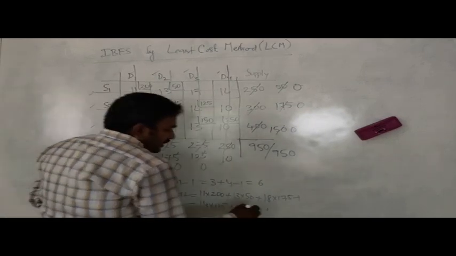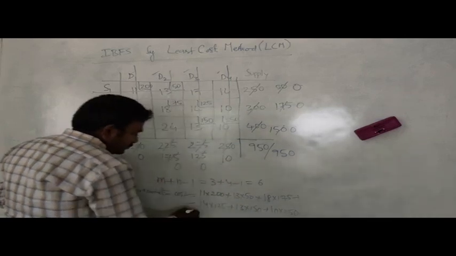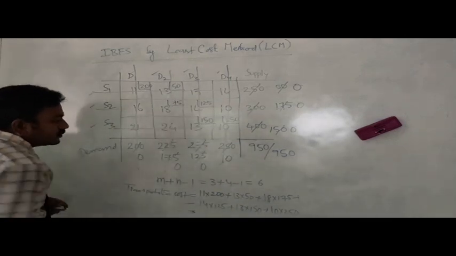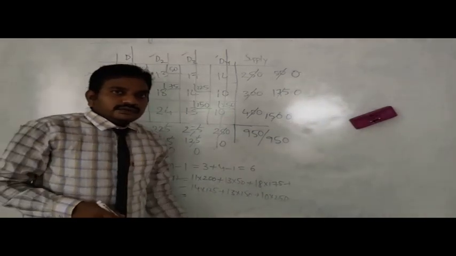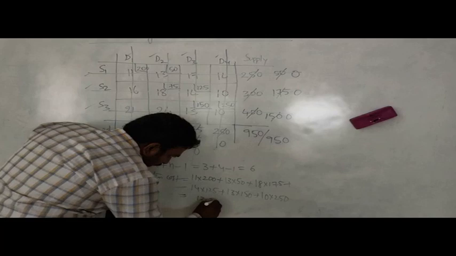Lastly, 10 into 250. Together, the total transportation cost is 12,200.